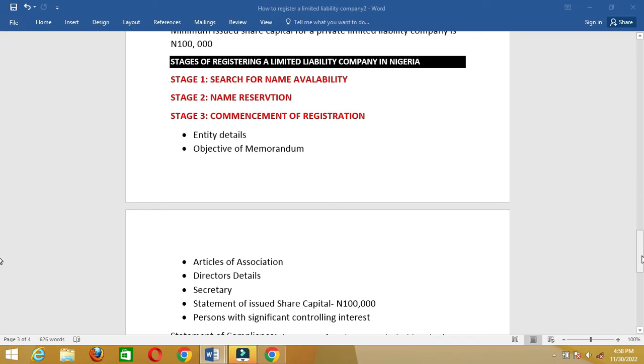But based on this new reform, an individual who has the knowledge can register his private limited liability company by himself or herself. It's very simple. Now we'll be looking at the stages and how the whole process is, and all of these are being done online.